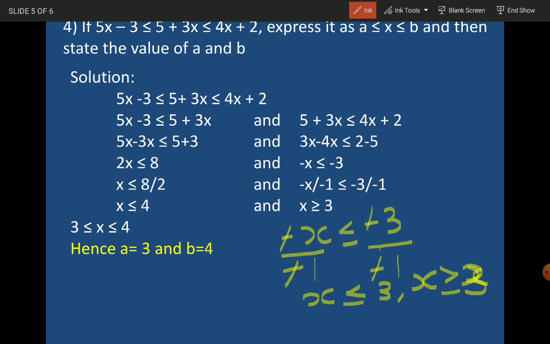So we write like this, 3 less than or equal to x less than or equal to 4. Now we know this is the a value, a equal to 3 and b equal to 4.